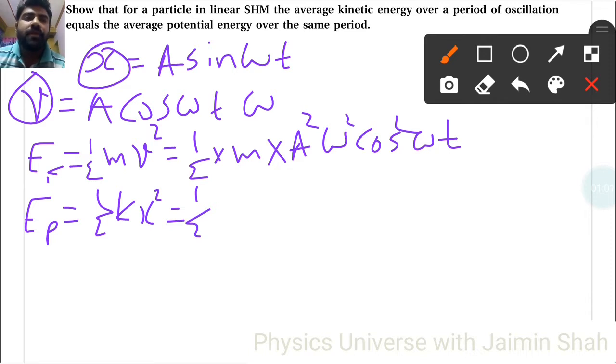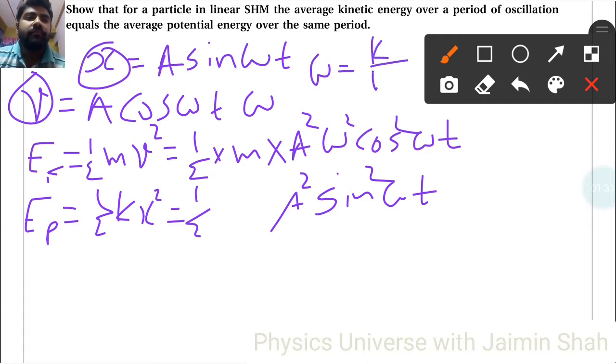Now x is a sin omega t, so x square is a square sine square omega t, right? Now k, that formula we know: omega is equal to under root k by m, right?